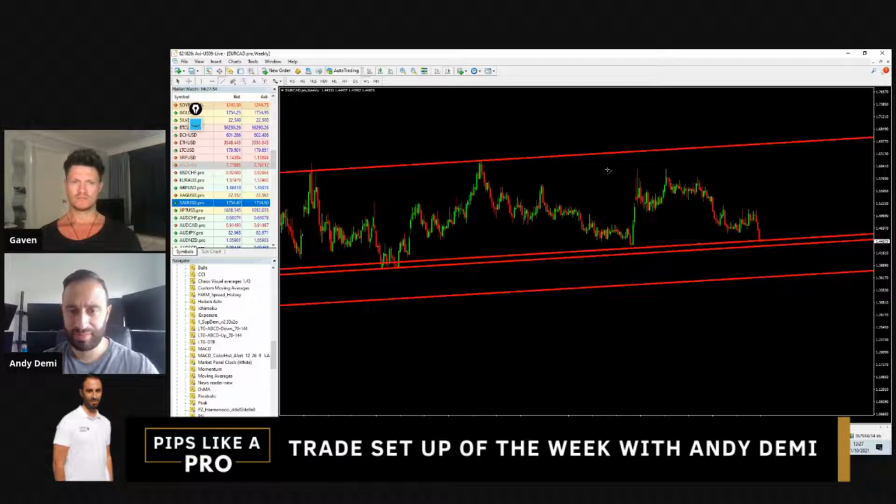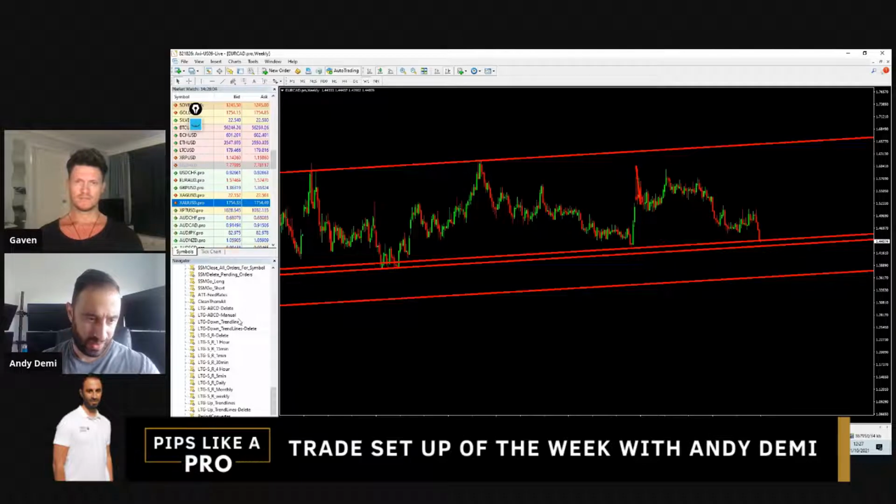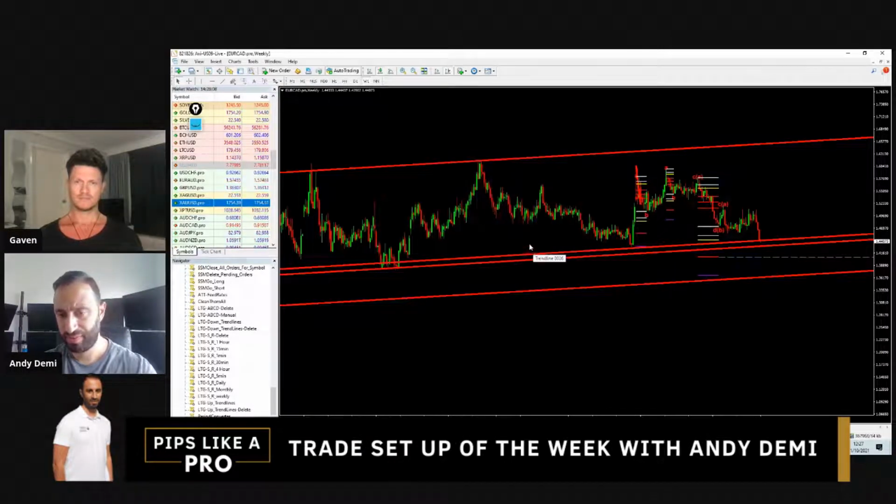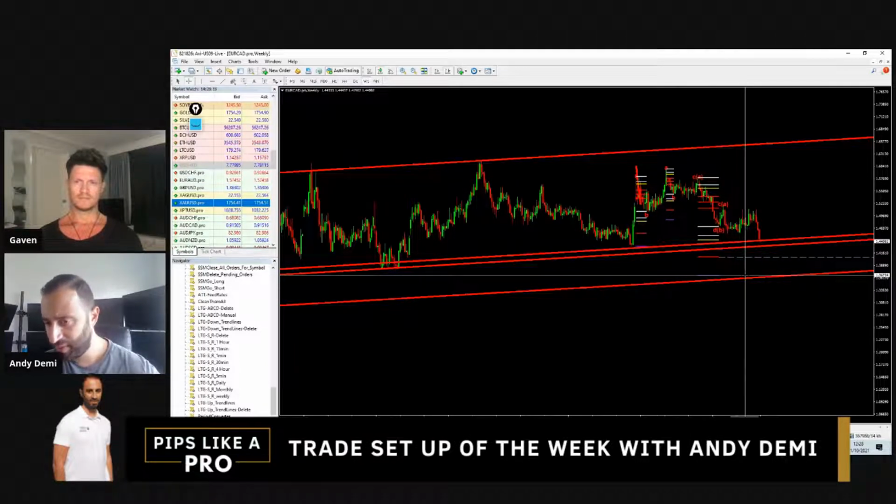Let's plug in some fibs here as well and see where the fibs come in. Quite interesting. We've got a much lower level.